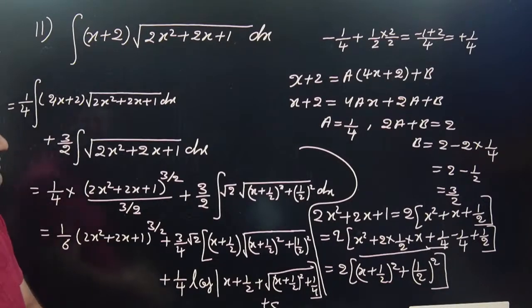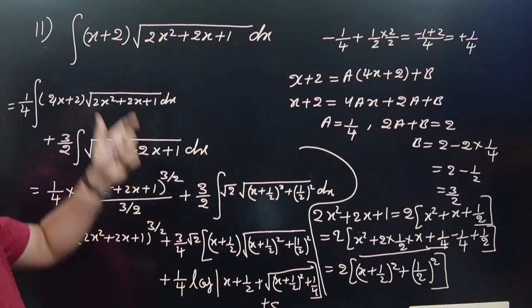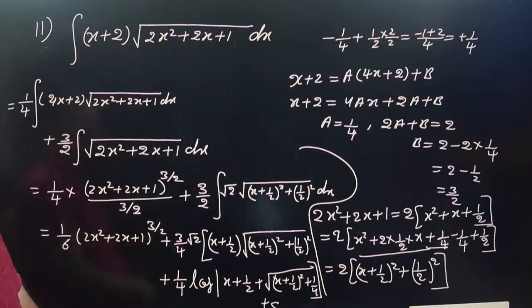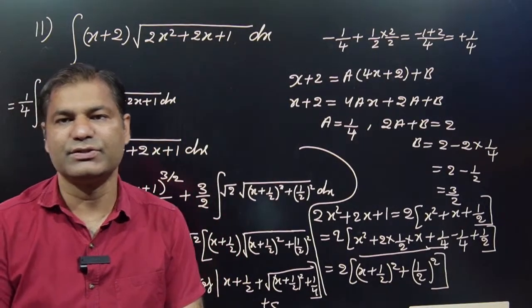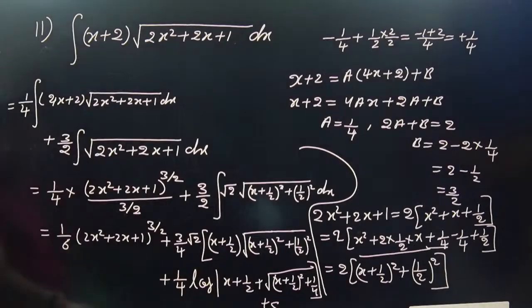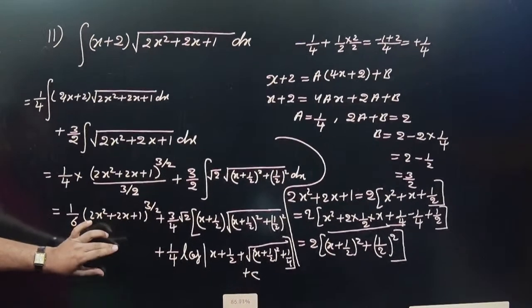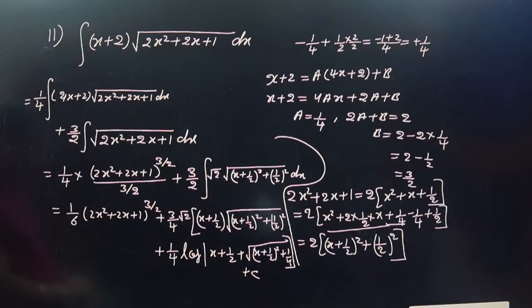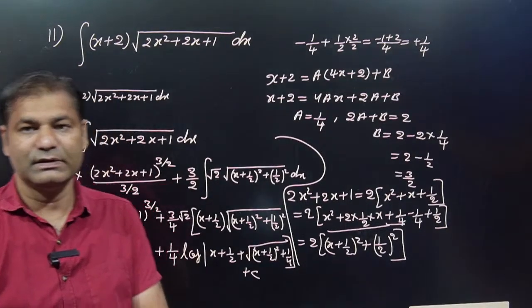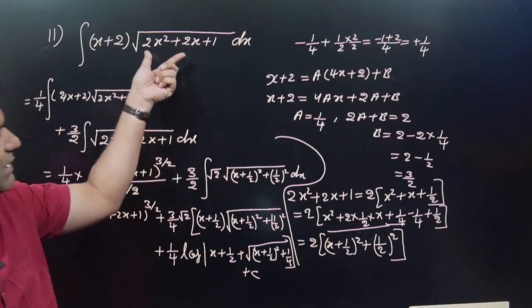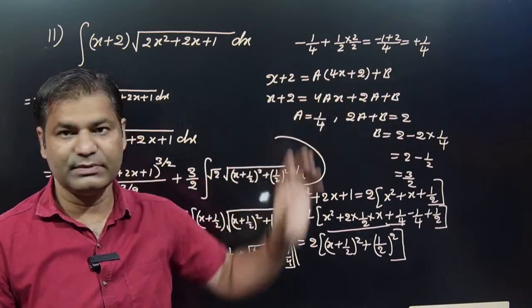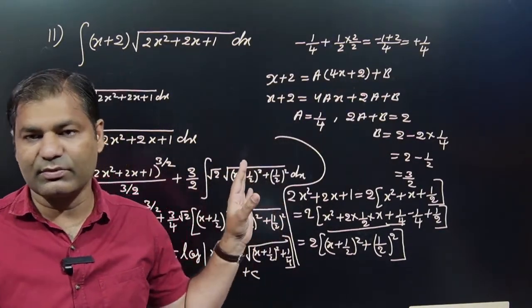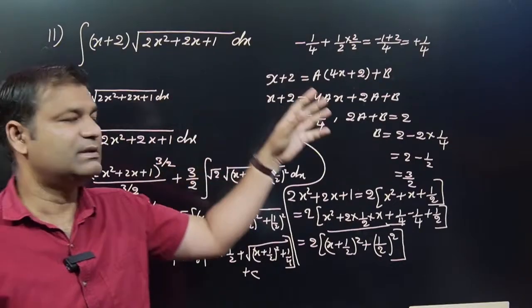Okay, this question is very easy. So first of all, x plus 2 is written as a into differentiation of the denominator, plus b. Simply we take the differentiation of this quadratic equation, we get like that, plus a into differentiation of this equation plus b.